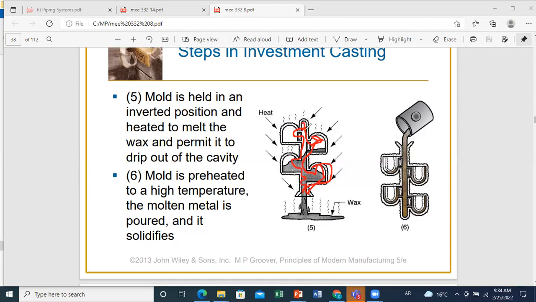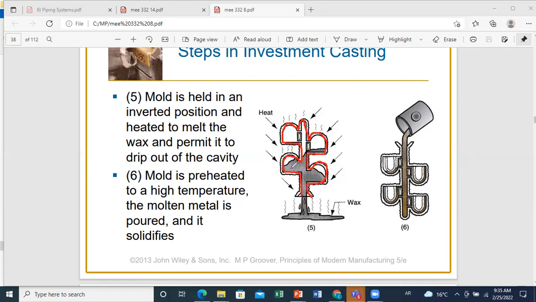However, the wax within this surface will melt under the effect of heat, and because you put your system in the inverted position, the wax will get out of your pattern. The only remaining part will be a thin layer that forms the shape that you want to produce at the end. Because of the heat treatment and the refractory material you use, this part will not melt, and you will obtain a thin layer that will give you the desired pattern.